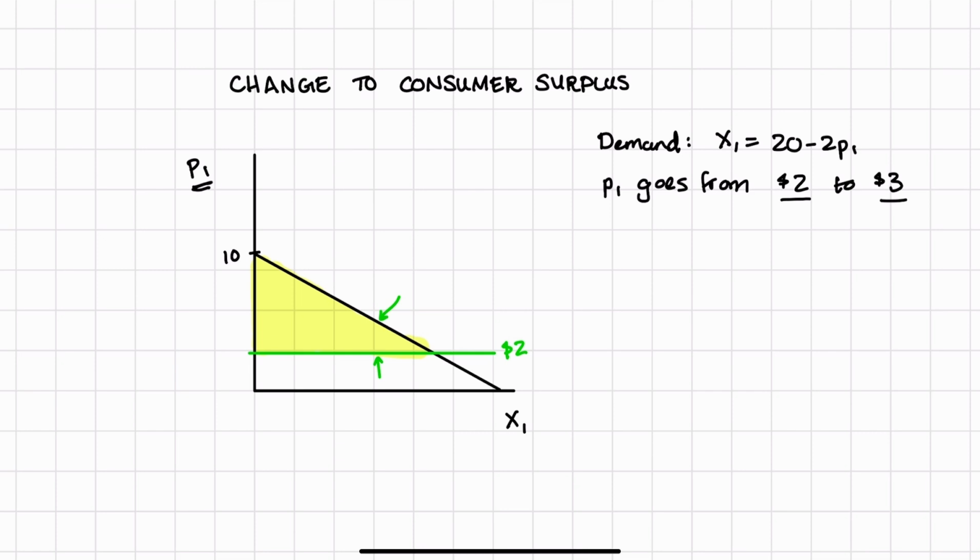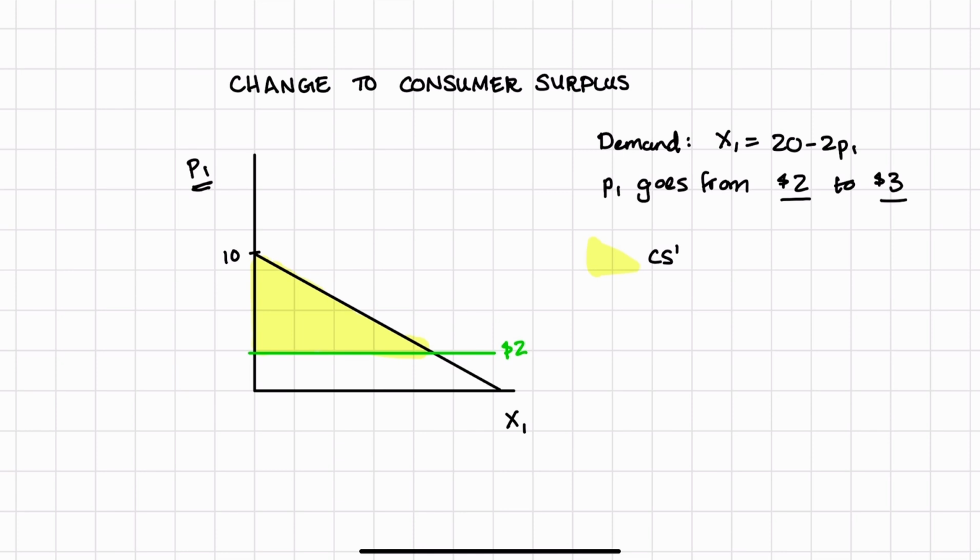So the benefit to the consumer of being able to purchase good 1 is this whole area, the fact that they're willing to pay more than what they actually had to pay. So what is the area of the yellow triangle here? The yellow triangle is consumer surplus.